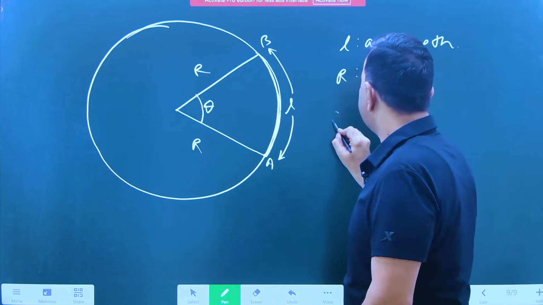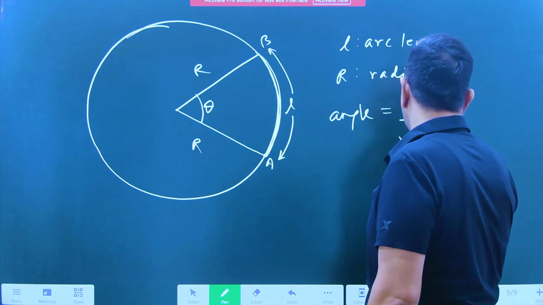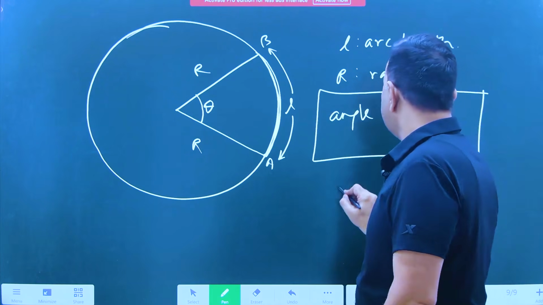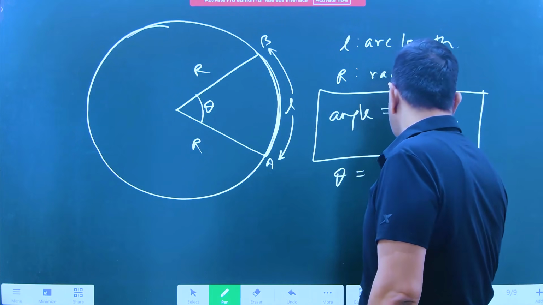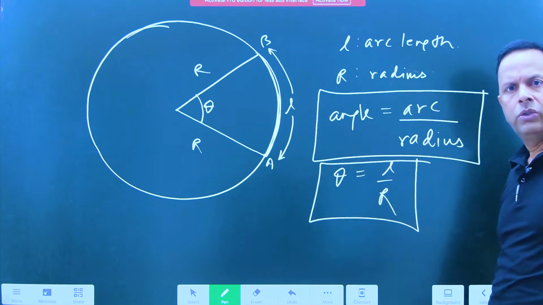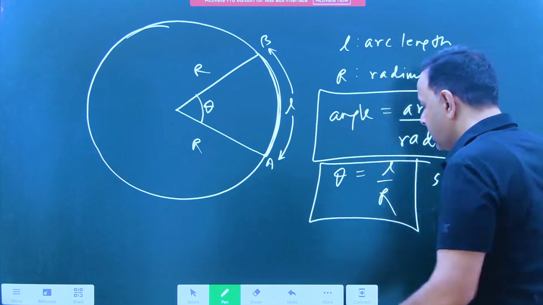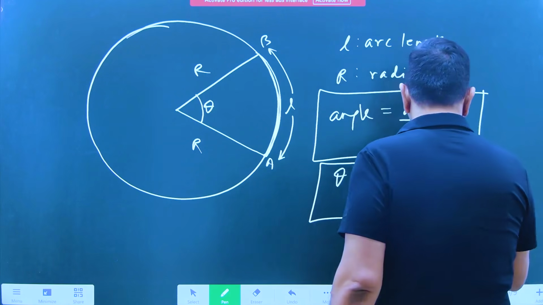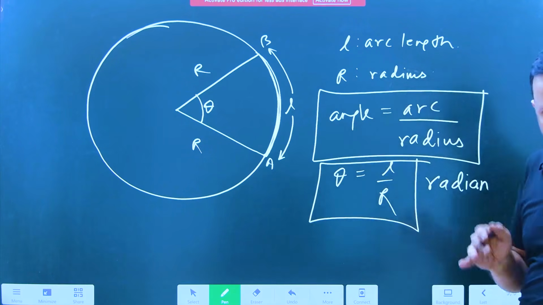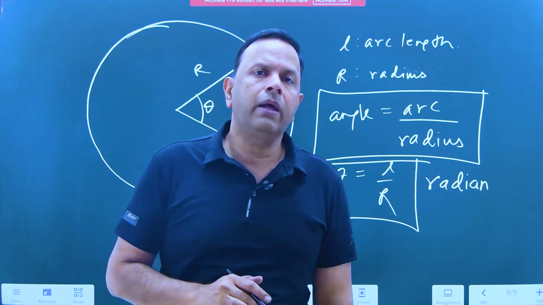So as per SI system, the angle is defined as arc upon radius. Theta can be written as equal to L by r, and when you measure the angle through this definition, you get your angle in the unit of radians. So remember, radian is the SI system unit of angle.